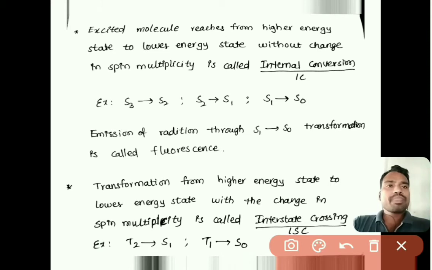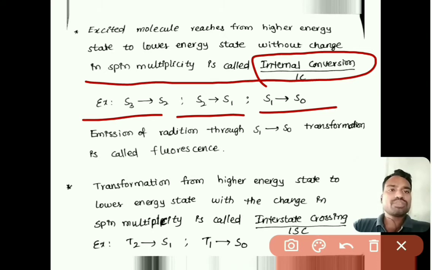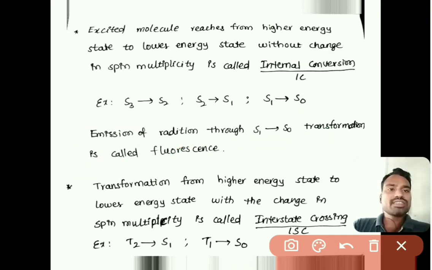So an excited molecule reaches higher energy and it is again going into a low energy state without change in spin multiplicity, that is called IC, internal conversion, that is nothing but S3 to S2, S2 to S1, S1 to S0, which we have just discussed, right. The radiative transformation between S1 to S0 is called fluorescence.